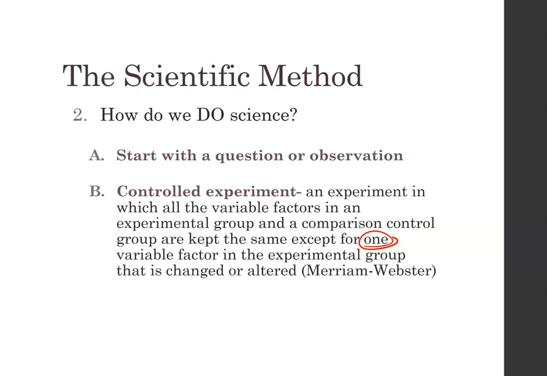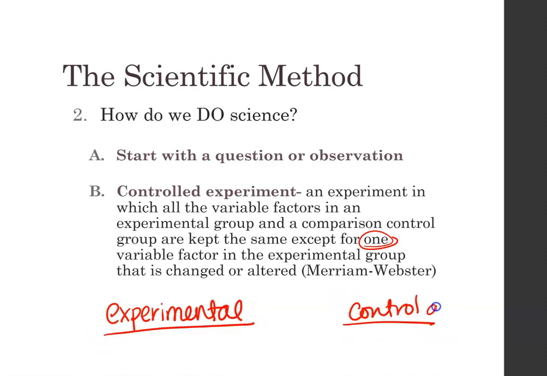What this means is that you have two groups. You have your experimental group and you have your control group. Now, a control group can kind of be thought of as the normal group or the non-treatment group.